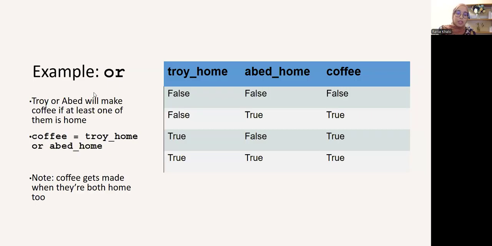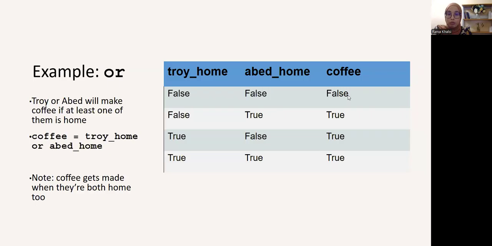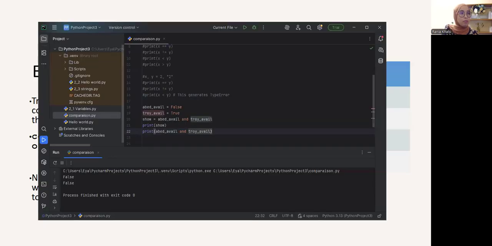In the truth table, it is true three times, and only one time could this variable have the value false. Again, the general rule is that only if at least one of them is true is the coffee value true.